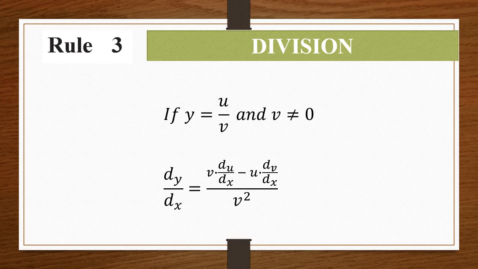As you can see, this is one of the most complex equations in these four rules. But if you remember the equation properly and follow each step carefully, there is nothing difficult in this. Let us see the illustration and try to understand it better.